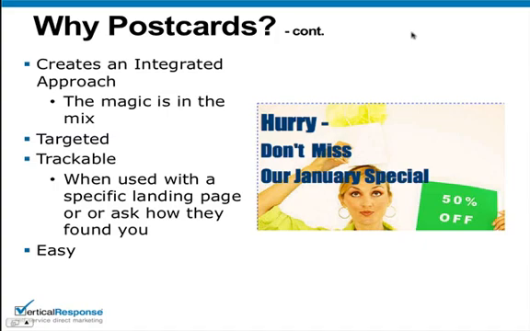You can also target your postcards, and we have that up here on the slide. You can mail to a specific list. So you can create a targeted list in your VerticalResponse account if you want to. You can also, if you're renting a list or purchasing a list, and in our system we do not allow purchased lists for emails, but for postcards, as I said, the rules on postal addresses are a little different than emails.